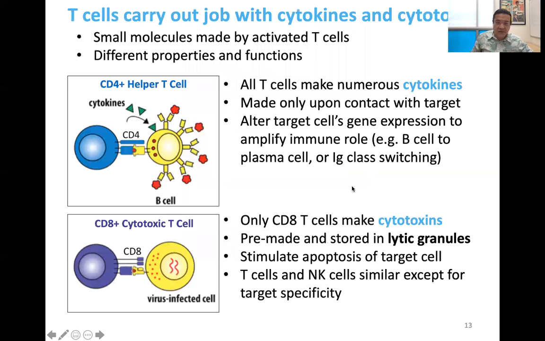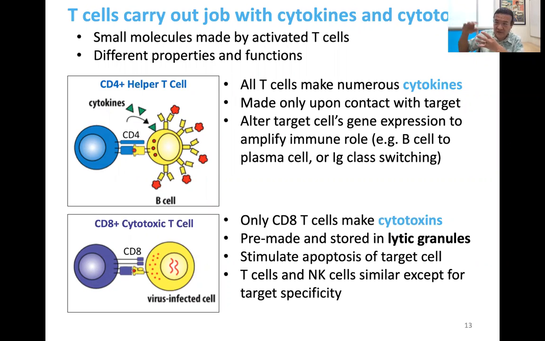So T cells carry out their jobs with cytokines and cytotoxins. All T cells communicate using cytokines, because remember, cytokines are small little proteins that a cell makes that serve as signals for other cells to interpret. But cytotoxic T cells make a very special kind of cytokine, what we call cytotoxic cytokines, or just cytotoxins.